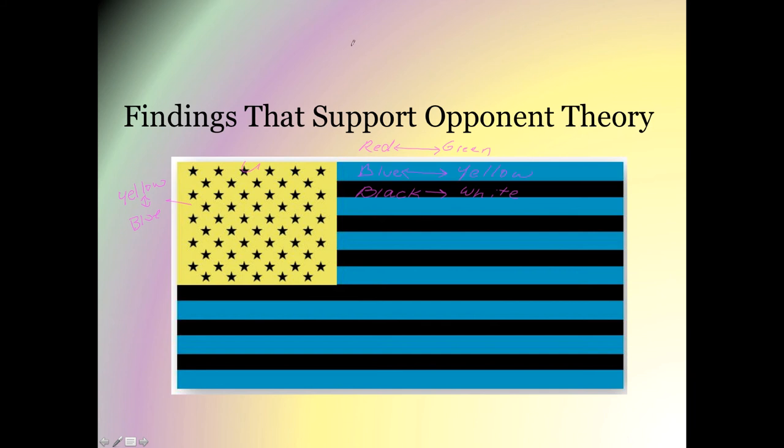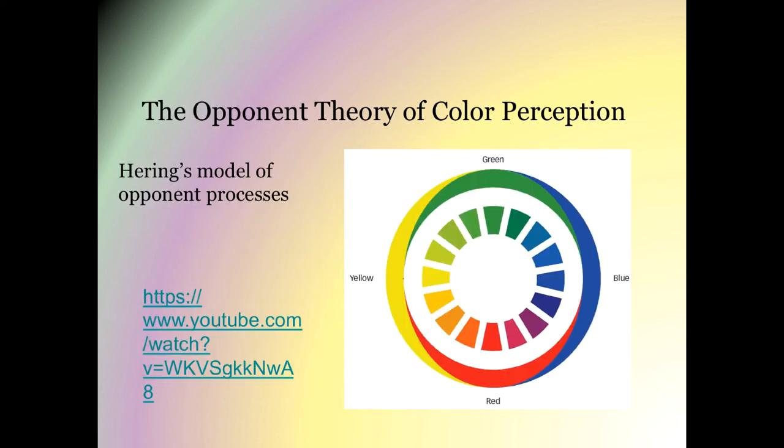So it turns out that there are 3 channels for these opposite colors. And so we have the red-green channel, the blue-yellow channel, and the black and white channel. Although the black and white, of course, is not a color, but it still works in the very same way.